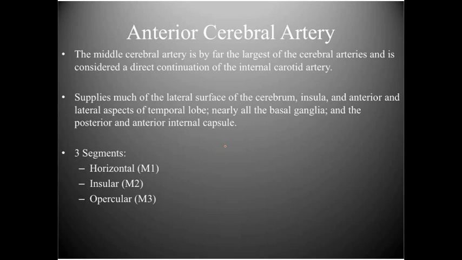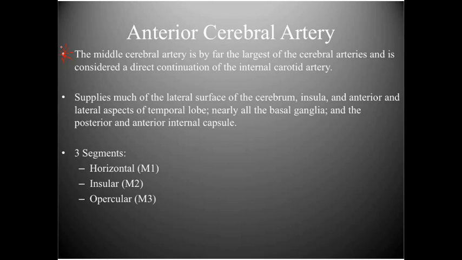The middle cerebral artery is by far the largest of the cerebral arteries and is considered a direct continuation of the internal carotid artery. So basically, the middle cerebral artery should be very easy to discern because it's going to look pretty much the same as the internal carotid artery.